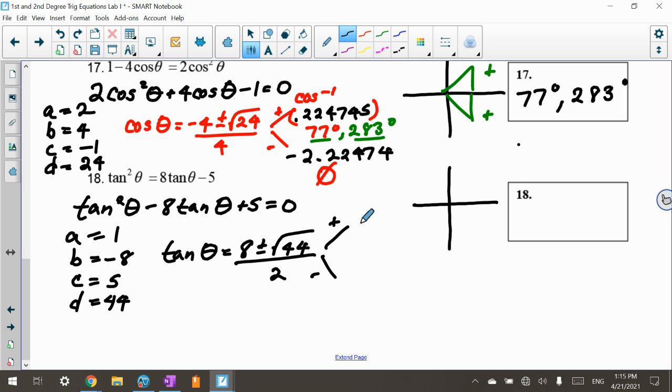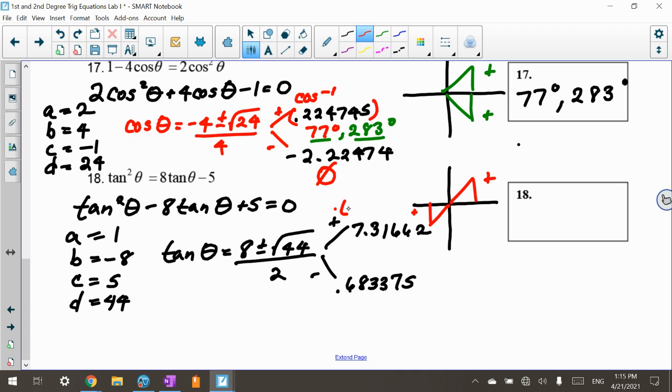When I do that, I get 7.31662. When I do the subtraction, I get 0.683375. Oh, they're both positive. So when I do inverse tan, so this is positive. I know tangent is positive in quadrants 1 and 3.